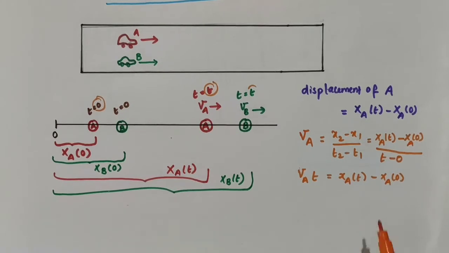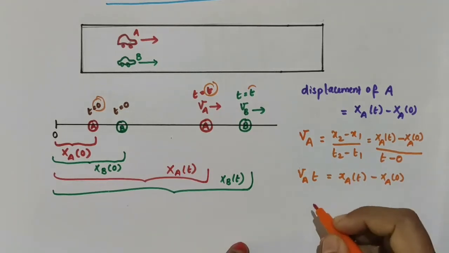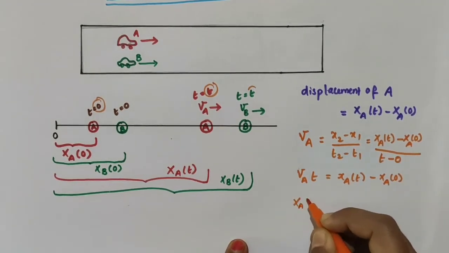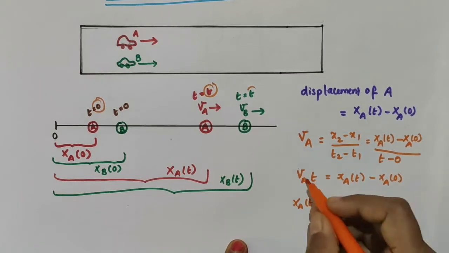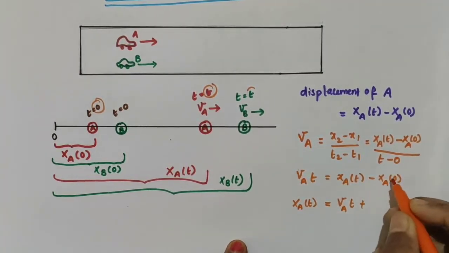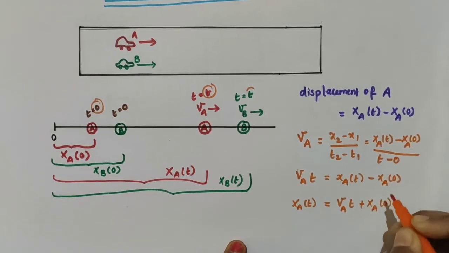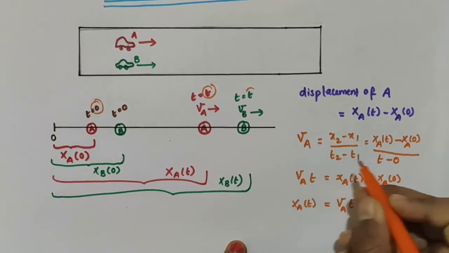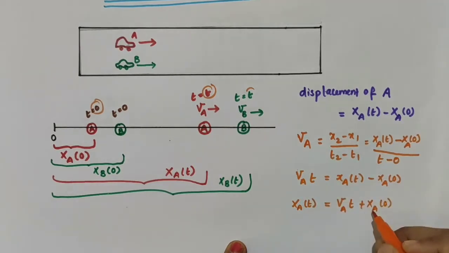Now, if I am taking this minus xA of 0 to this side, that becomes plus, no? So we will get an expression for xA of t as xA of t is equal to VA into t plus xA of 0. I have taken this minus xA of 0 to this side, so that became plus.